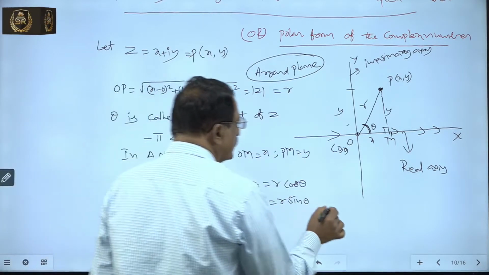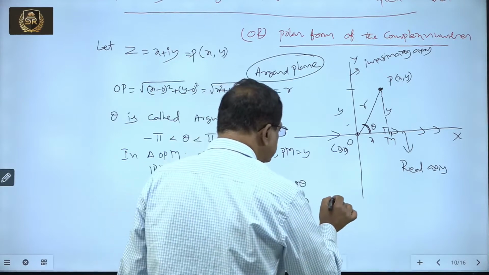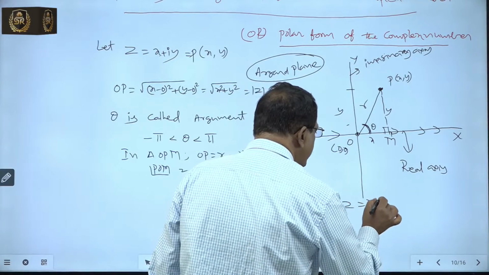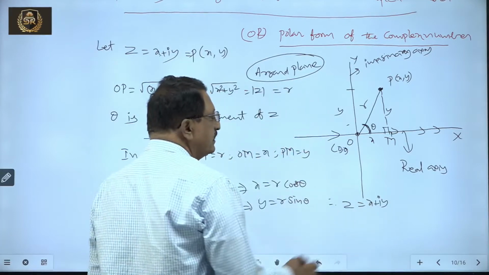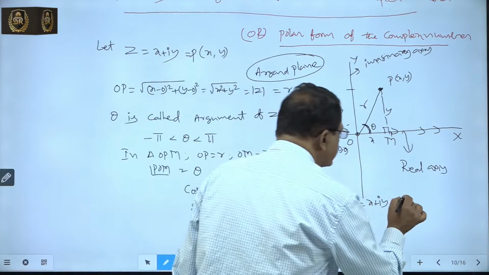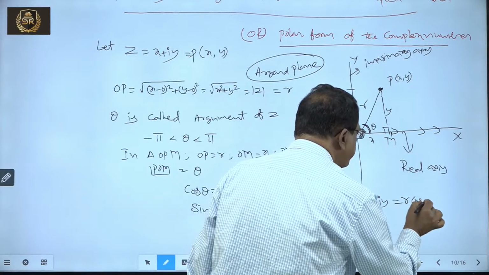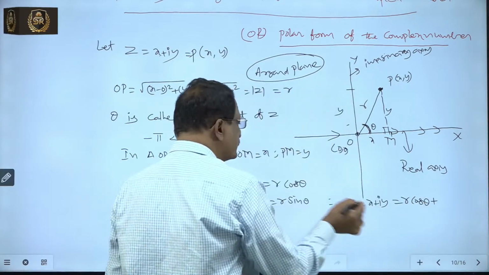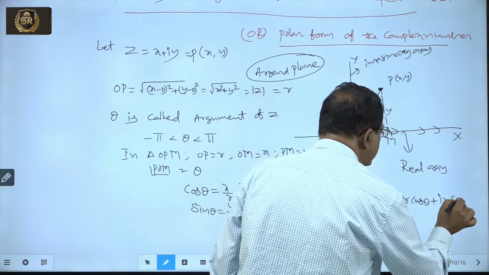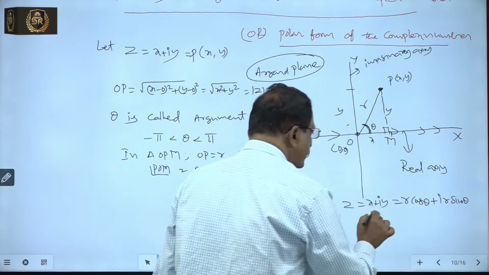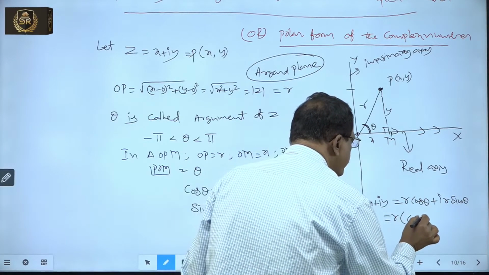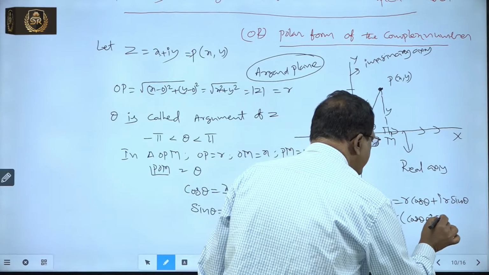Now, therefore, z equals x plus iy, but here the value of x equals r cos theta and y equals r sin theta, so z equals r cos theta plus i r sin theta. Taking r common, that equals r into (cos theta plus i sin theta).